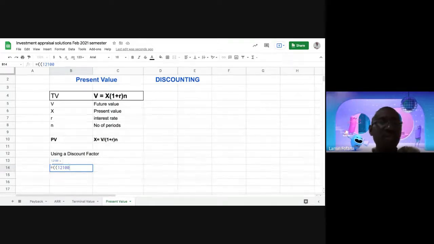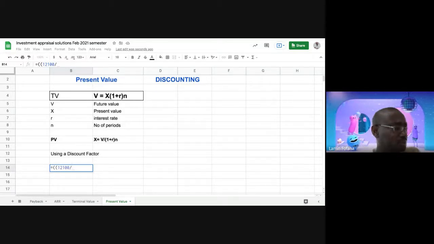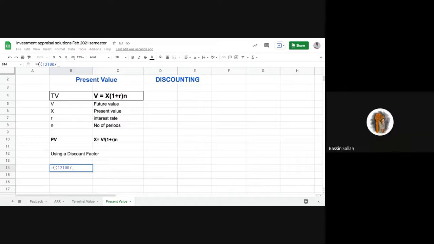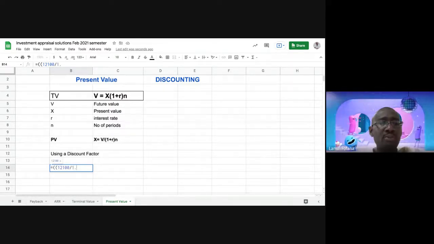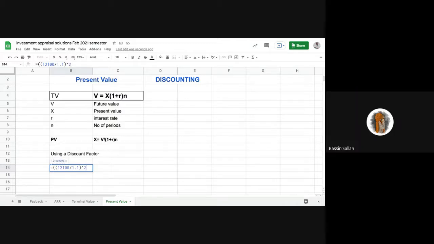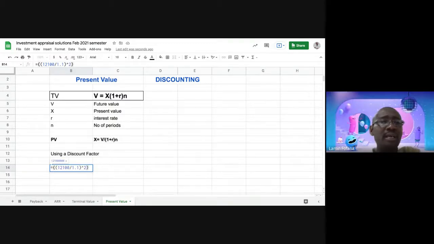We said 12,100 divided by 1.1 raised to the power 2, bracket closes, isn't it? Yes. Okay, 12,100 divided by 1.1 raised to power 2.